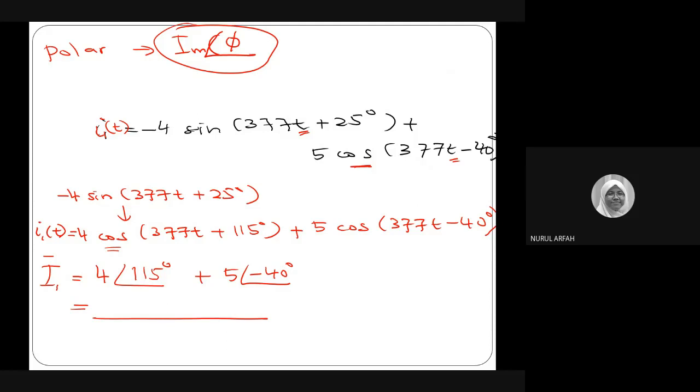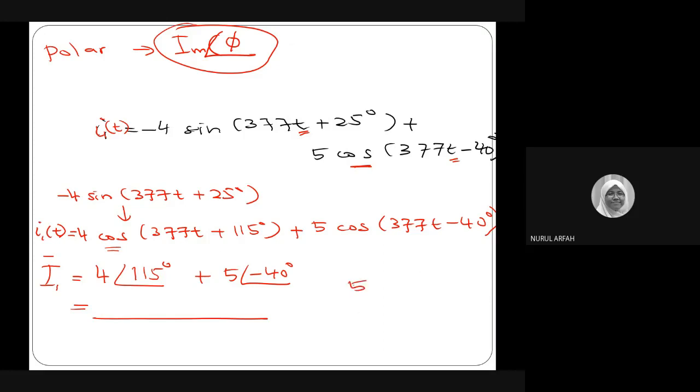Did you watch it or not? And then you get some answer. You press plus, and then you have a 5 with negative 40 degree. For the negative 40 degree, you need to use something like this in your calculator.